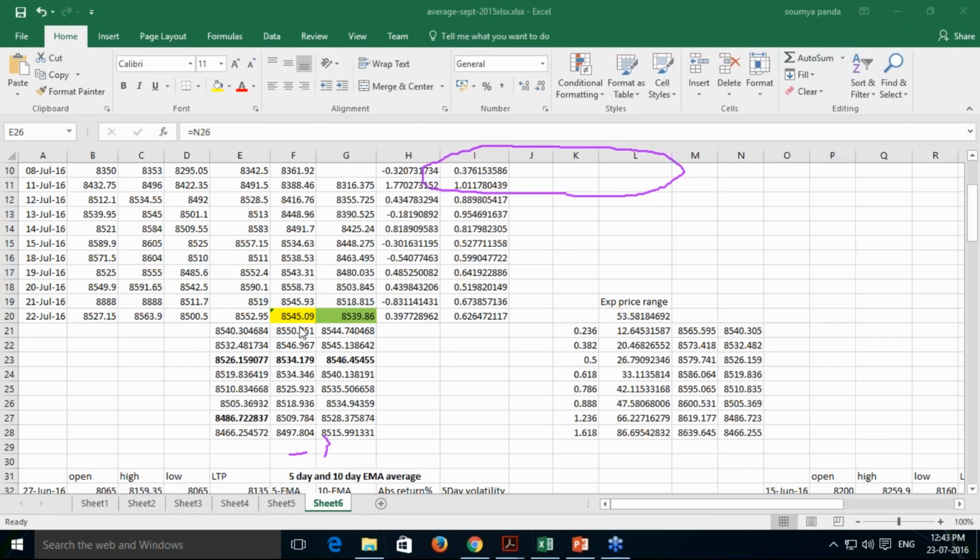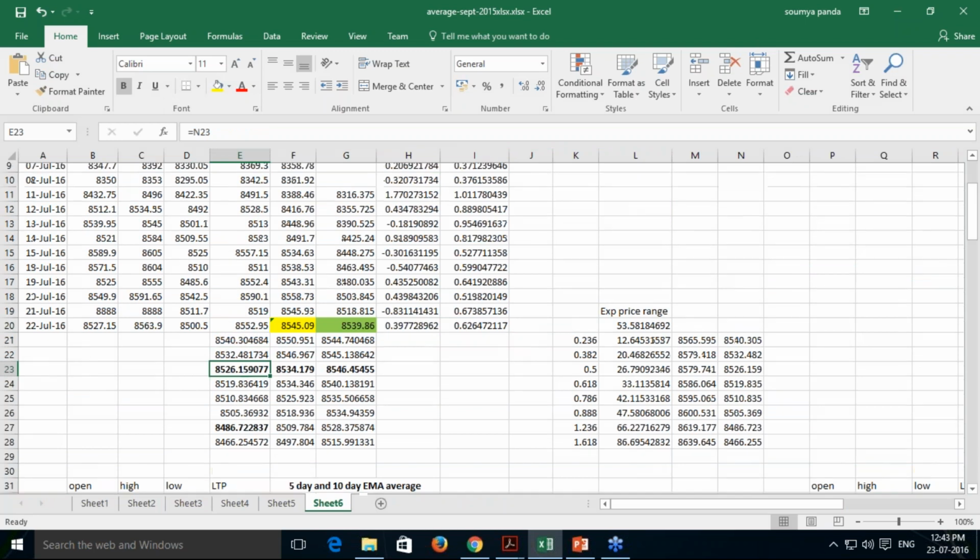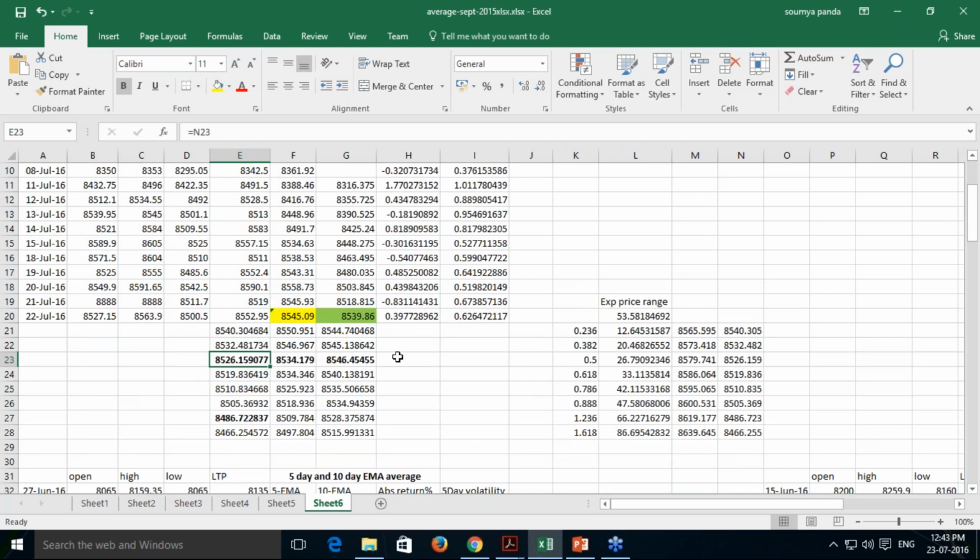Once more I will repeat here. So how the daily volatility is being taken and the previous day's last traded price has been taken. So you can understand in this term, this is not a weekly forecast at all. On Monday, if the Nifty future opens below 8526 as per this simple moving average and Fibonacci, then the trend is down.